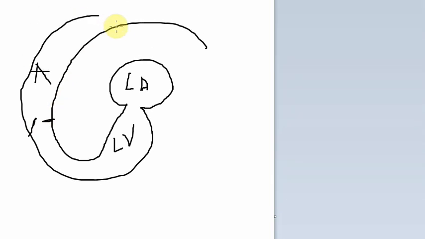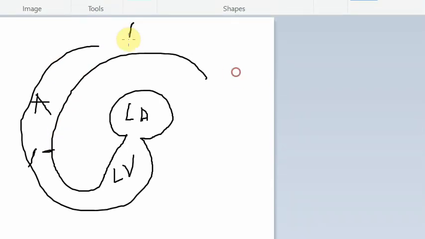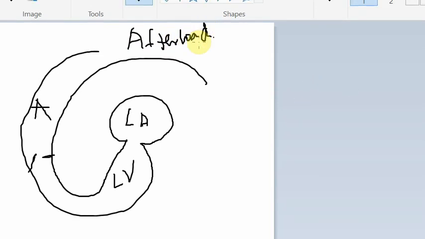And there is a concept called the afterload. The afterload is basically the amount of resistance that the blood going out from the heart faces. And the afterload is mediated by so many things, but for the sake of simplicity for today, we say that it's mediated by blood pressure.